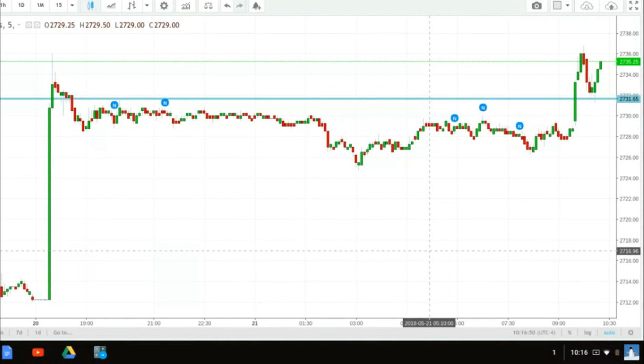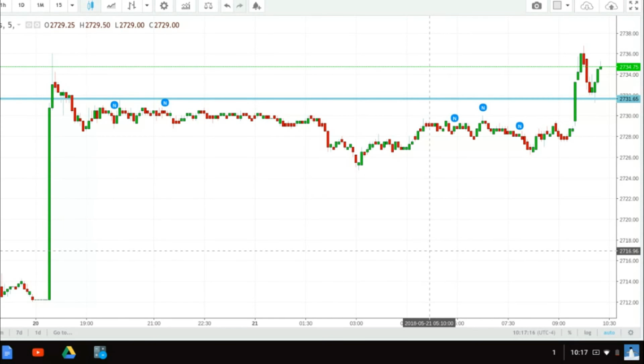We're almost back to 27.36 where it was rejected. So let's see here. Make sure I have my limits on because I got in at 27.32. We want to get out at 27.36. So it'll be a $2,000, 4-point trade here this morning.